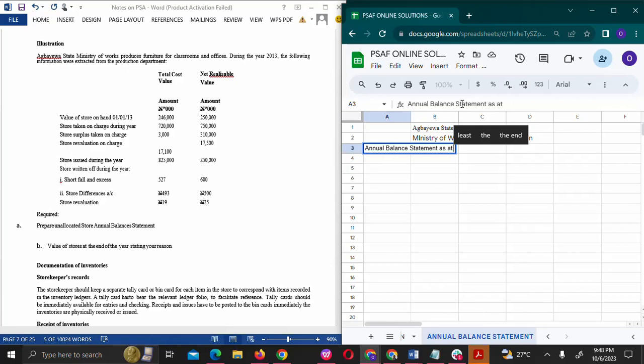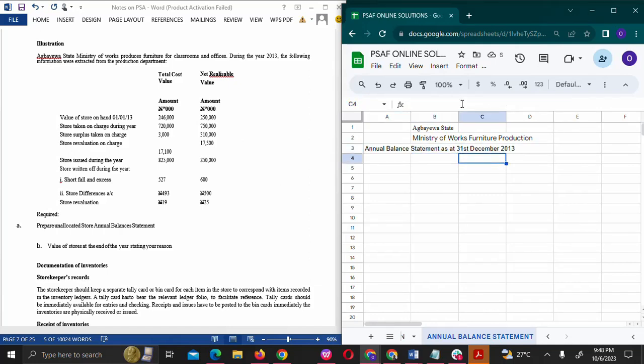What's the accounting year end? 31st December 2013. So here we have a Naira sign.